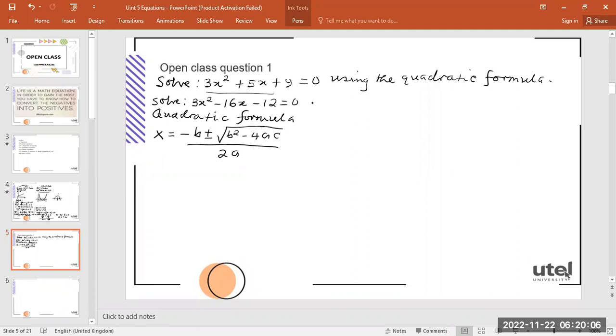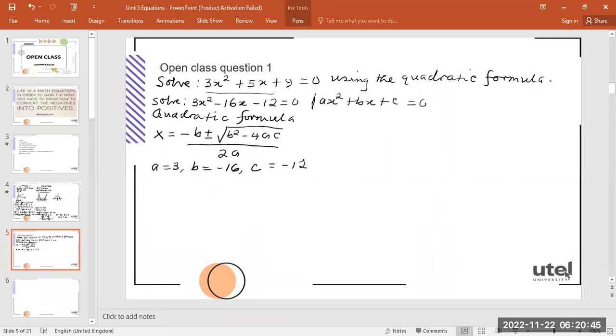From the general form of the quadratic equation, which is ax squared plus bx plus c equals 0, you can see that our a in this formula is equal to 3, our b is equal to minus 16, and our c is equal to minus 12.